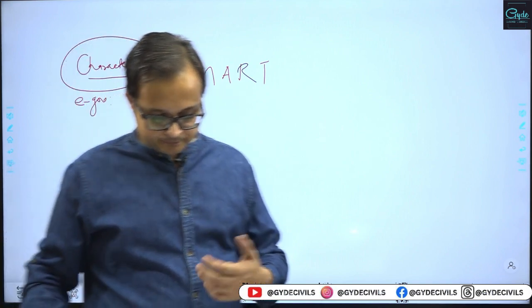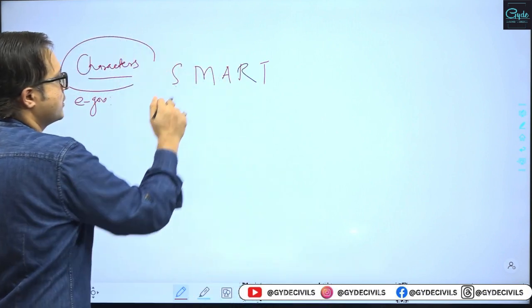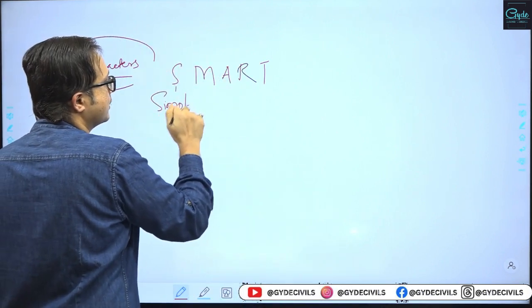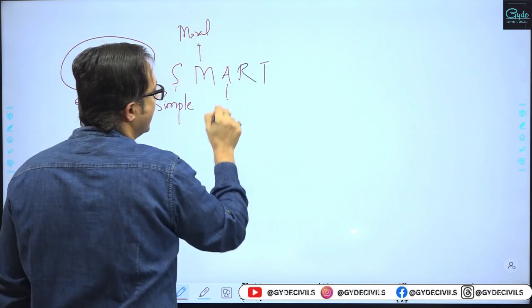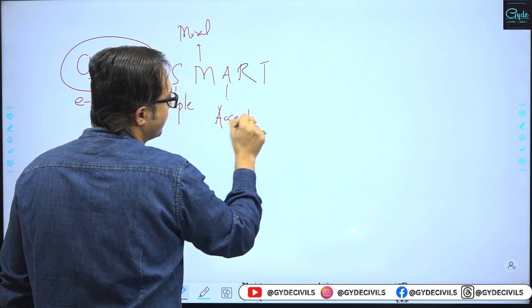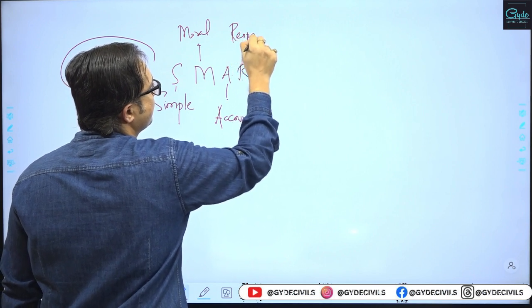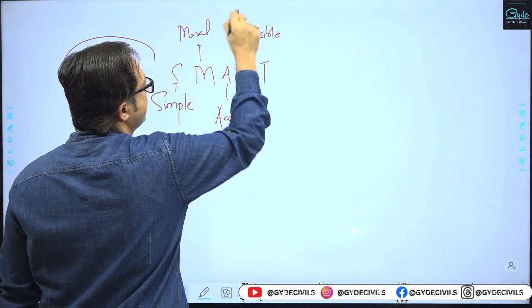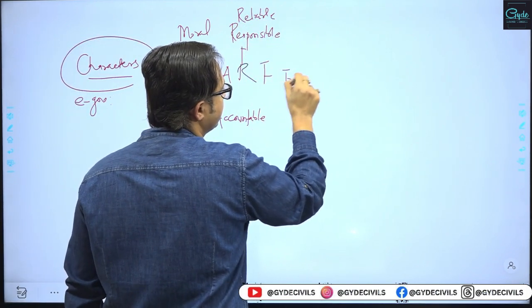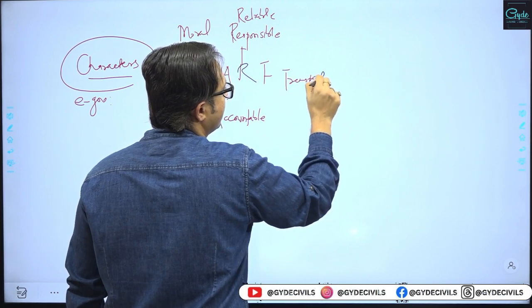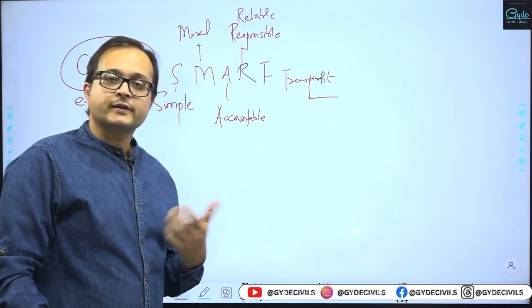Smart being simple, moral, accountable, right, responsive and reliable and transparent. So they remain the characteristics of it, right?